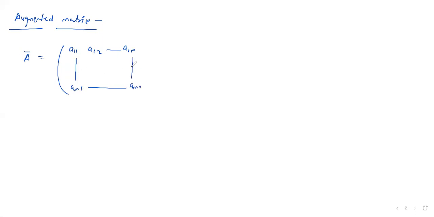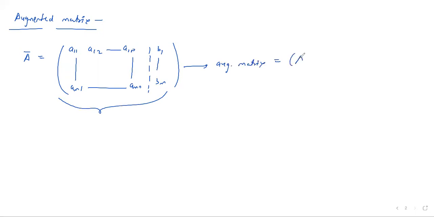This is my A matrix. With this A matrix, we have a column vector B, that is b1, b2 to bm. Then this whole matrix is my augmented matrix, and this is denoted like (A, B), where A is my coefficient matrix and B is the column vector. So this is the augmented matrix.